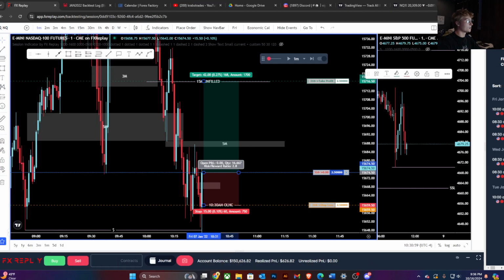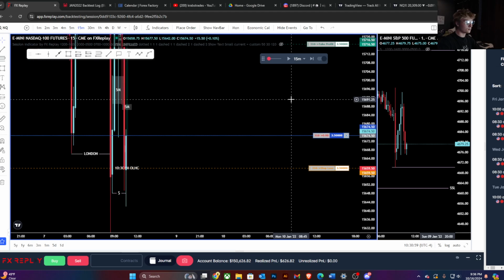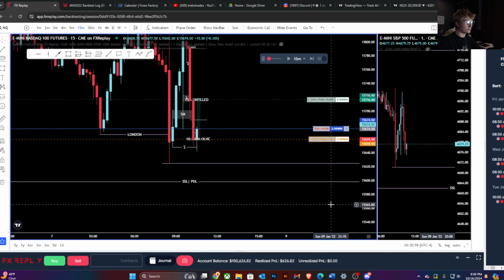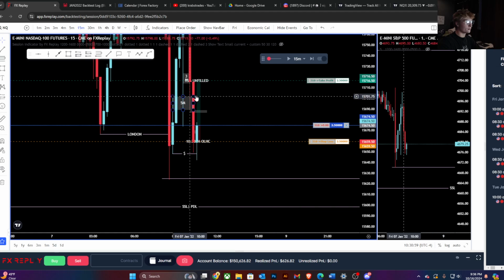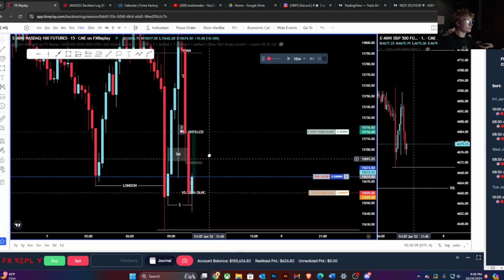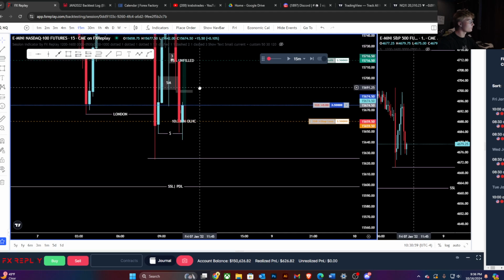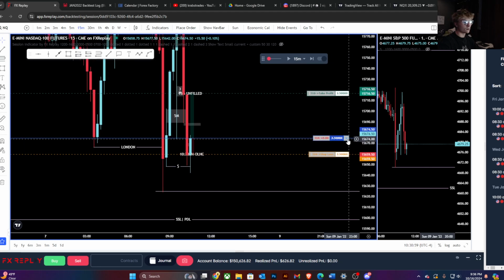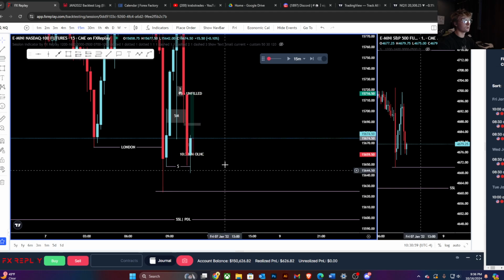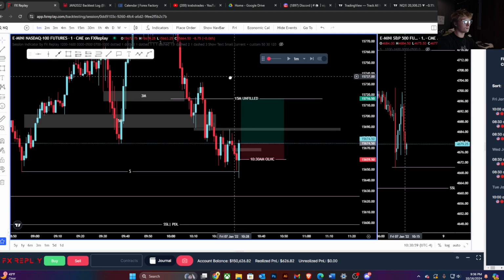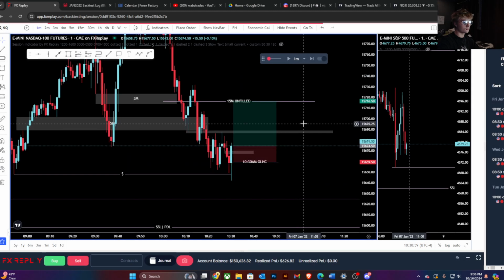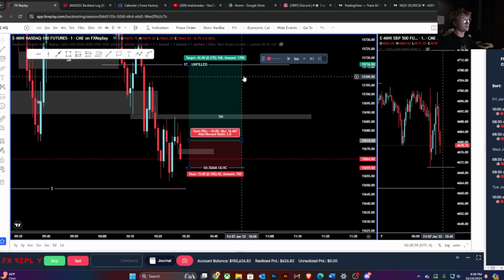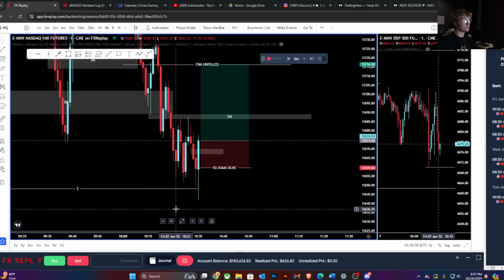Are we rejecting a higher time frame PD array? We are not. So yeah, 15-minute inverse here, bearish. So we're just gonna forward test this because we're not really delivering off of anything significant other than this little sweep here.